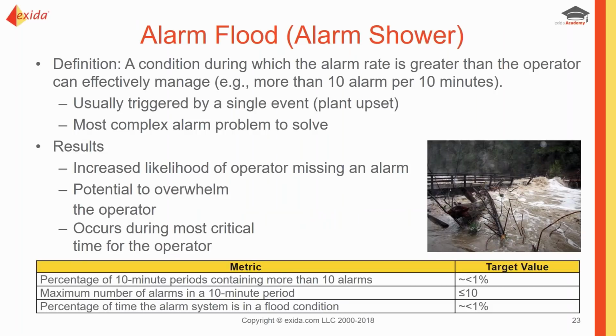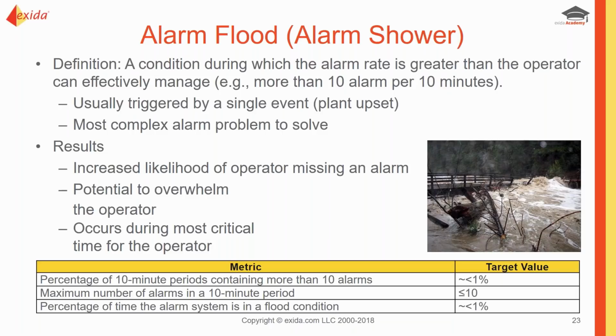Now, if an operator can effectively process 1 to 2 alarms per 10 minutes continuously, how many can they deal with in an upset or an alarm flood? And the answer there is on the order of 10 alarms in 10 minutes. And that's what's called an alarm flood, which is any time the operator really gets more alarms than they can reasonably deal with.